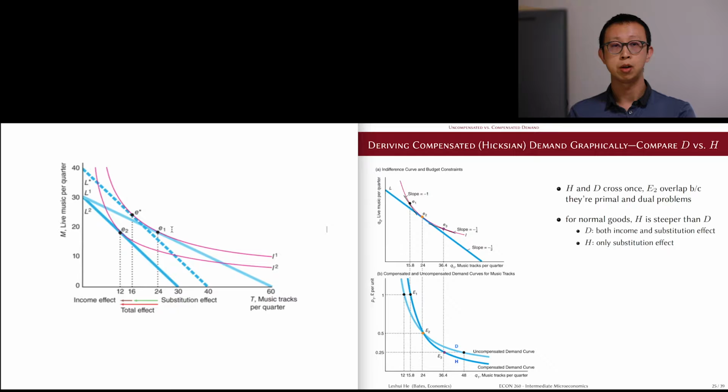If we look at the model in these nodes, the expenditure minimization problem will try to find the demand that reaches the original level of utility while minimizing cost. And this is a Hicksian demand that only captures the substitution effect. In other words, the Hicksian demand for good 1 was at the horizontal coordinate of E1 and now reduces to the horizontal coordinate at E star.